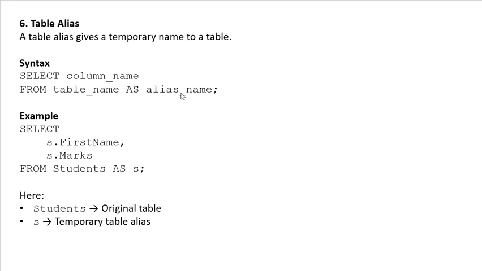Syntax: SELECT column_names, or * for all columns, FROM table_name alias_name; Example: SELECT s.first_name, s.marks FROM student s; Here student is the original table, and s is the temporary table alias.